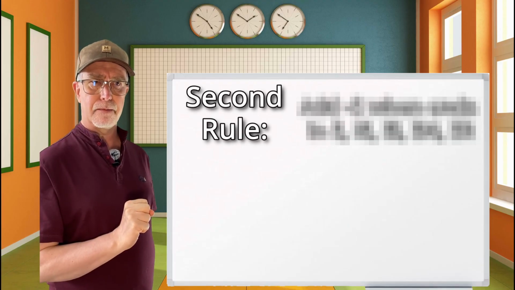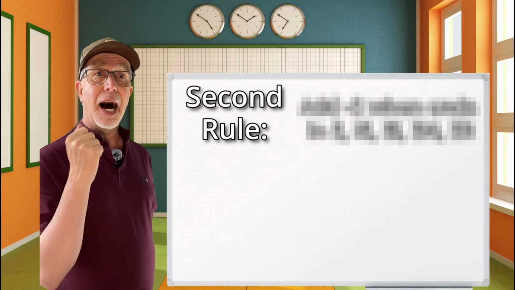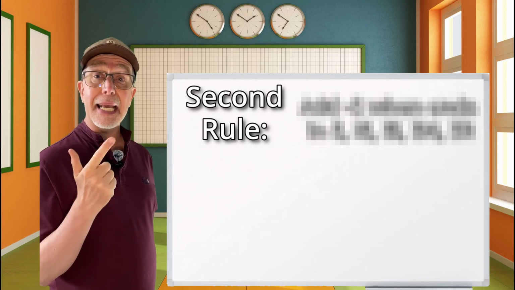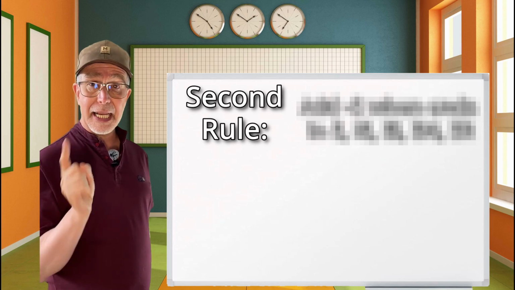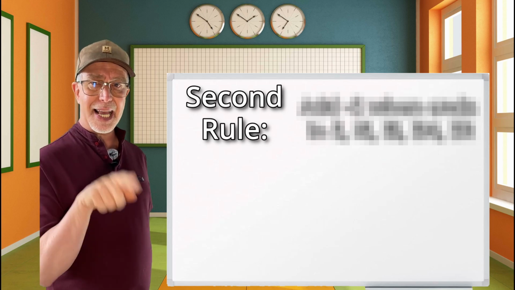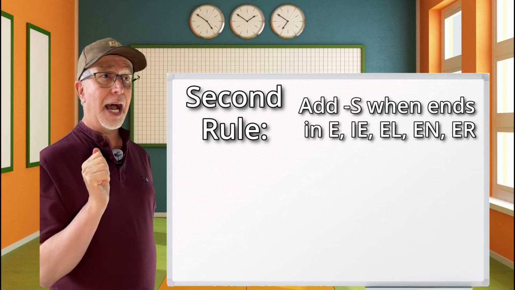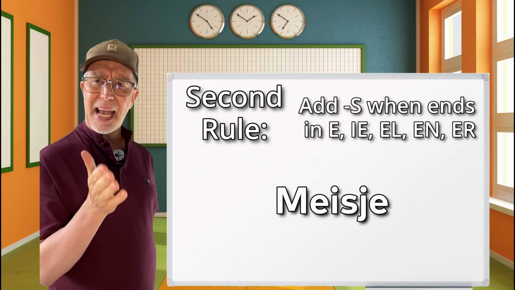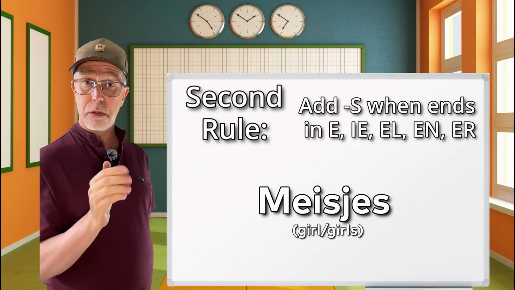Second rule, that is with words that end in e, ie, el, en, or er. In those cases, I add s. Exactly. Examples: meisje, meisjes, girl, girls.